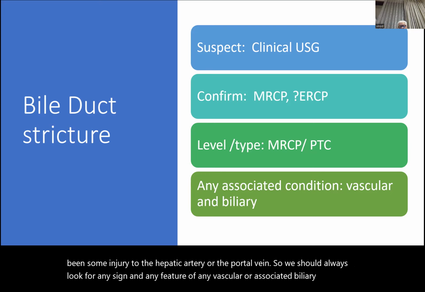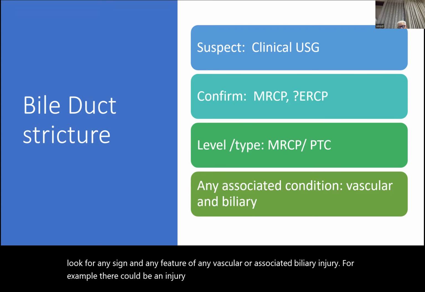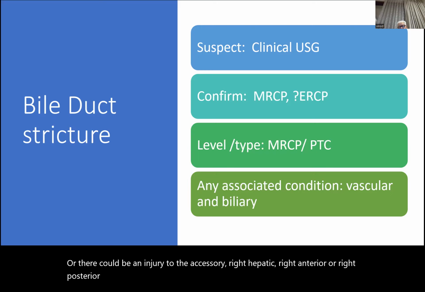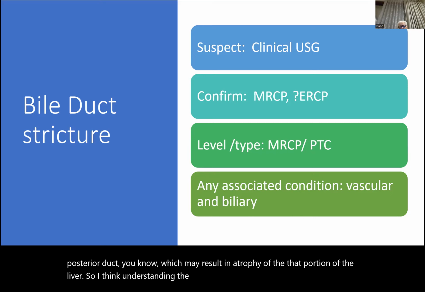For example, there could be an injury to the right hepatic artery, which may result in atrophy of the right lobe of liver, or there could be an injury to the accessory right anterior or right posterior duct, which may result in atrophy of that portion of the liver. So I think understanding the vascular injury is also very important.